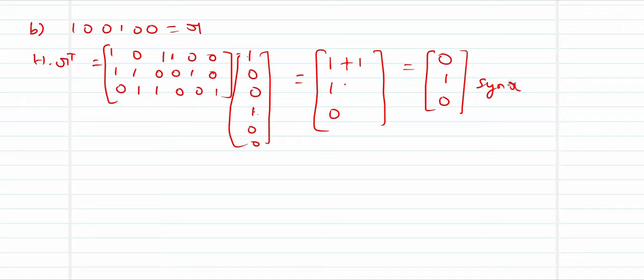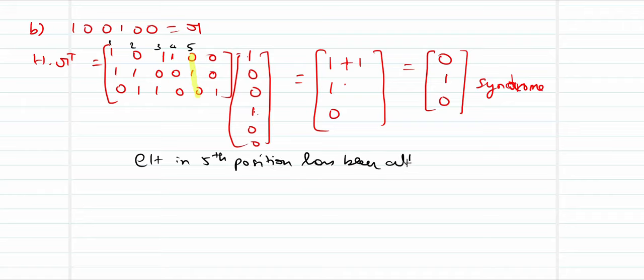Now I'll have to check which column of H matches with my syndrome. So the syndrome is 0, 1, 0. It is present over here, 0, 1, 0. What is the position of this? This is 1, 2, 3, 4, 5. So the element in the 5th position has been altered.